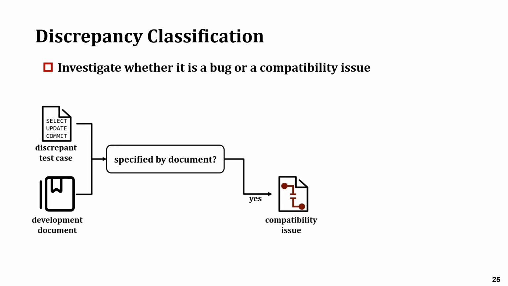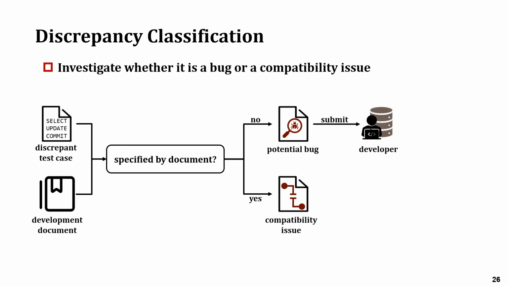If the answer is yes, we classify it as a compatibility issue. Once we find that the discrepancy is not specified by the document, we report it to developers as a potential bug. If developers confirm that the discrepancy is a compatibility issue, we will reclassify it as a compatibility issue. Otherwise, we will reclassify it as a bug.